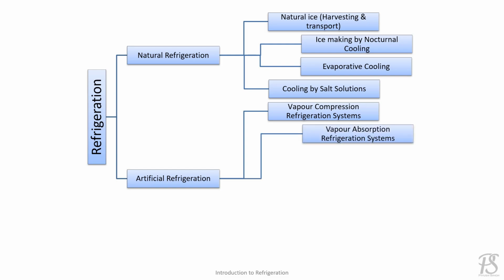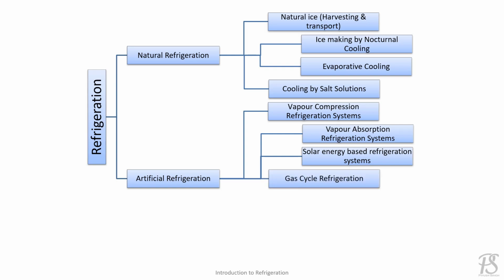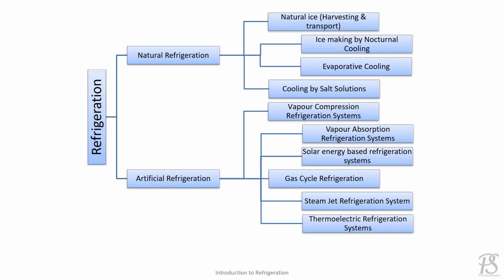Then we have the vapor absorption systems. Then we have some non-conventional systems like solar energy based refrigeration system. Also, we have the gas cycle refrigeration, which is used for aircraft refrigeration. We have steam jet refrigeration system, thermoelectric refrigeration systems, and vortex tube systems.